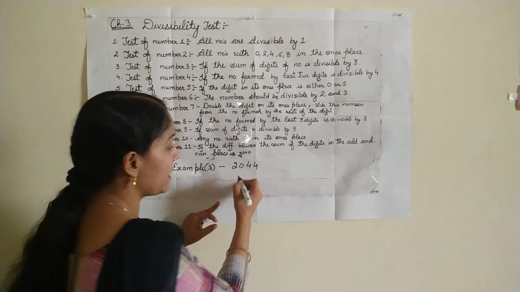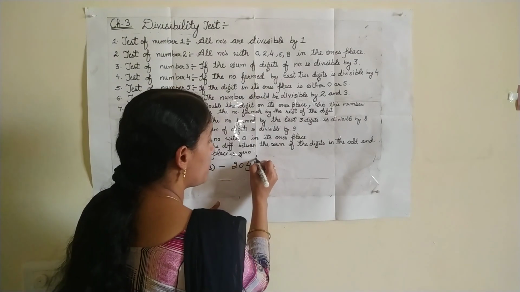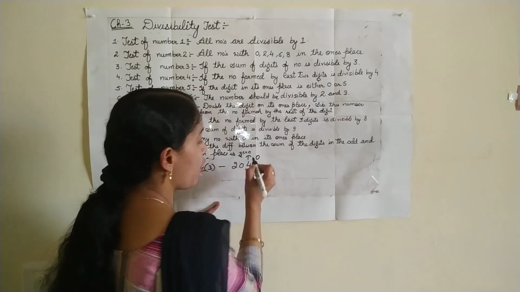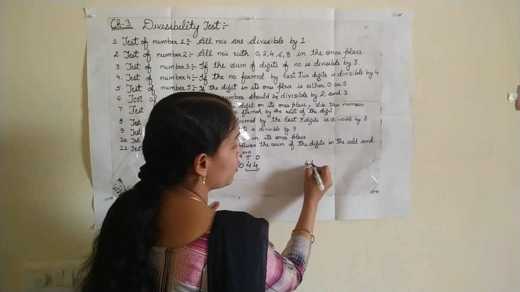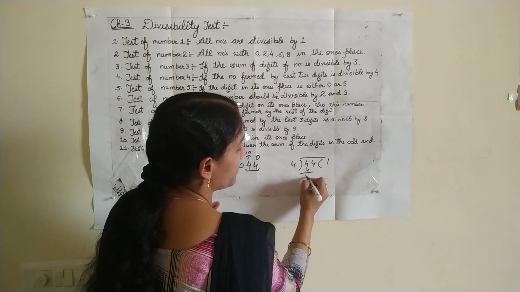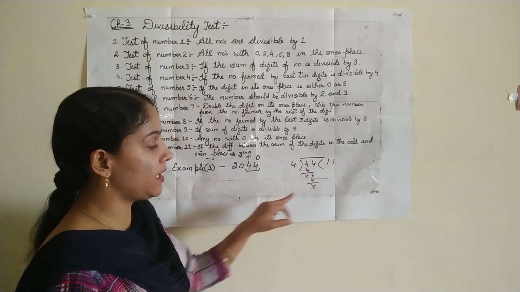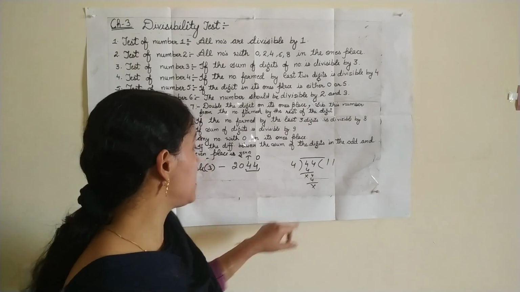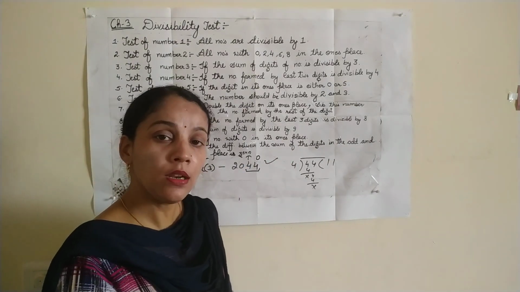The last 2 digits are 44, the ones place digit and the tens place digit. You have to divide 44 by 4. We get quotient 11 and it is fully divided. There is no remainder. That means 2044 is divisible by 4.